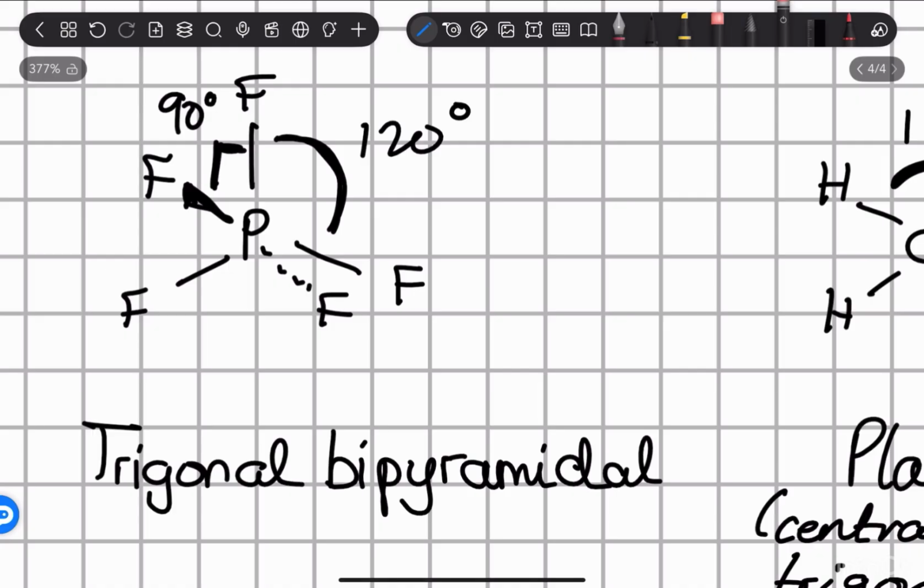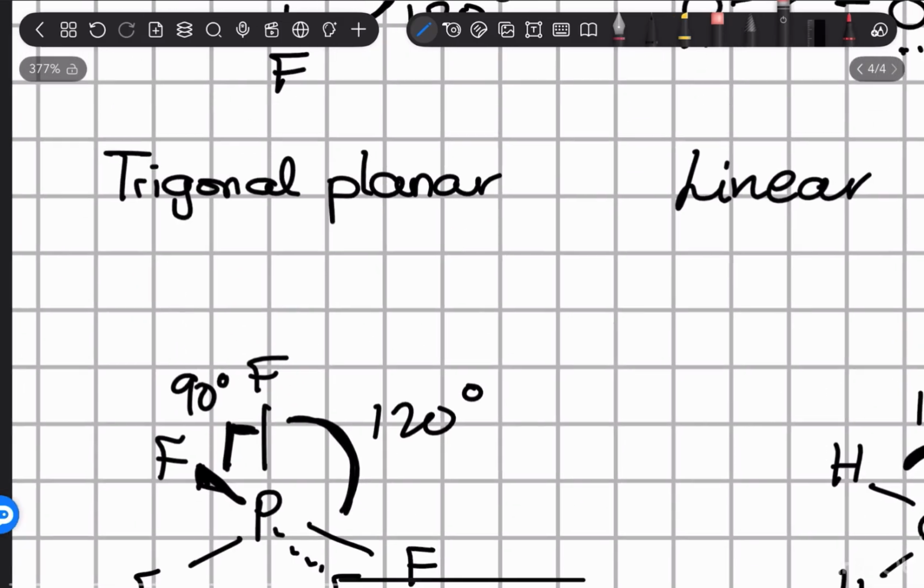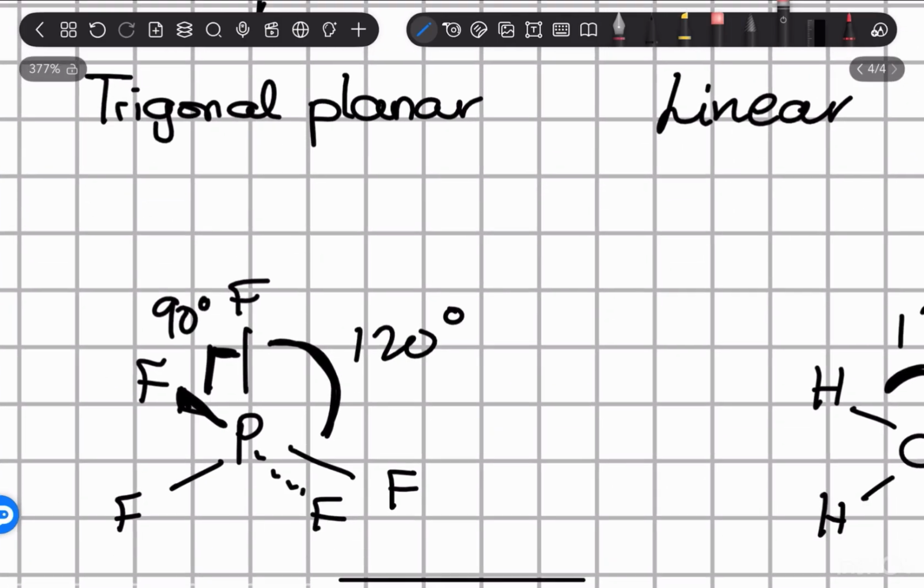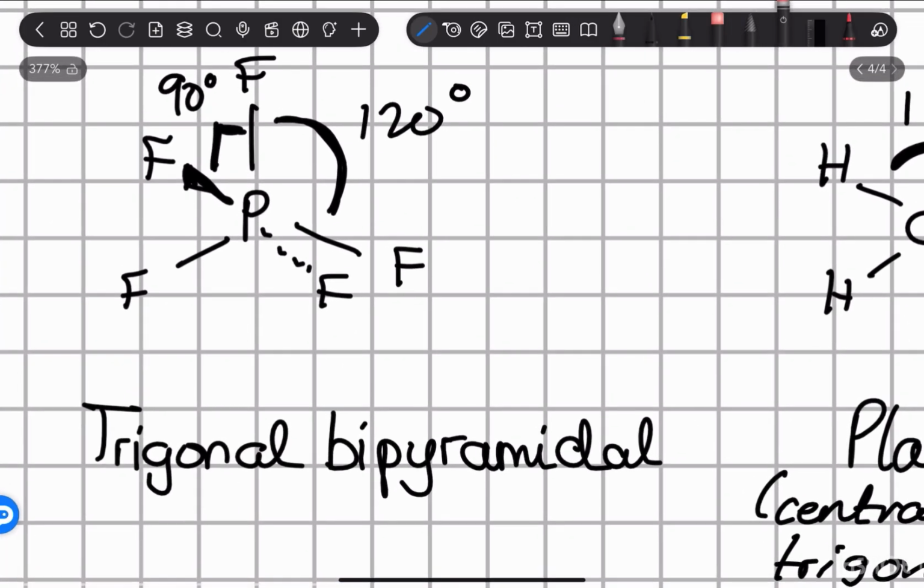Alright, we have trigonal bipyramidal. I know these shapes are very weird, but trigonal bipyramidal is a combination of trigonal planar because of this 3F situation that's the same as BF3, and that gives you the 120.